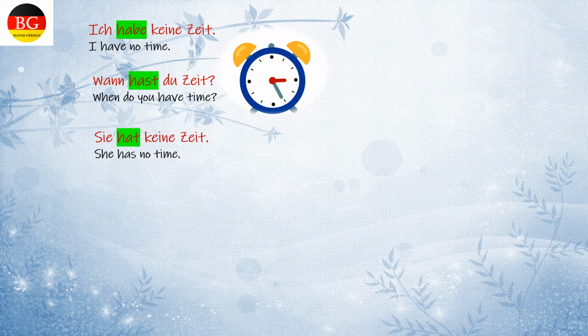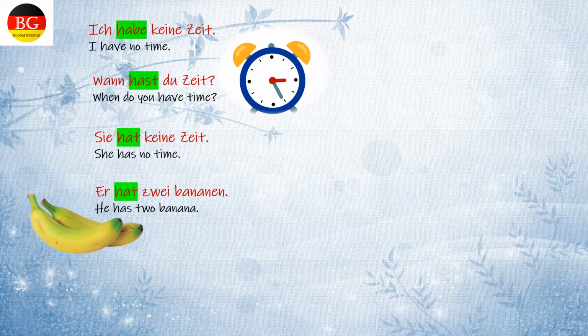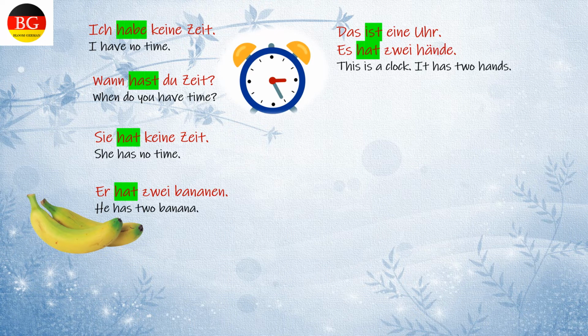She has no time. Er hat zwei Bananen. He has two bananas. Das ist eine Uhr. Es hat zwei Hände. This is a clock. It has two hands.